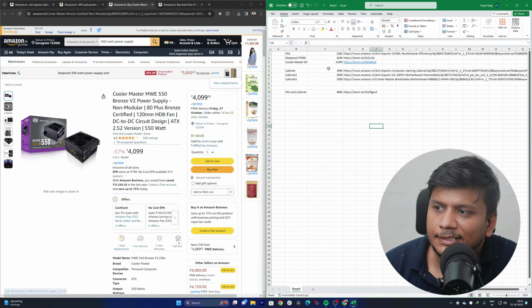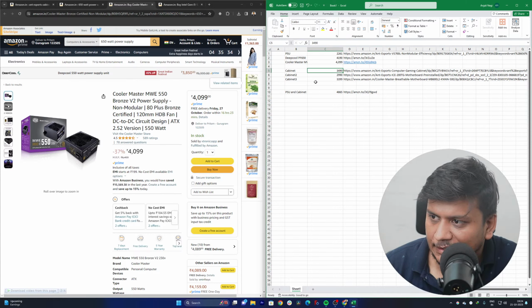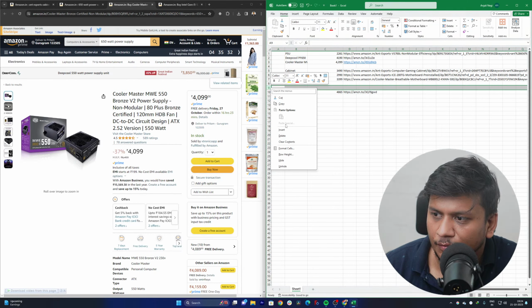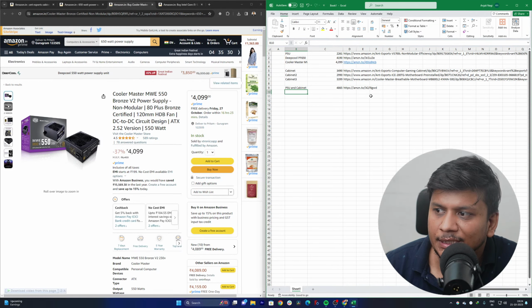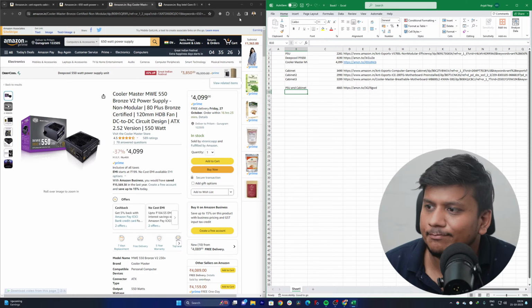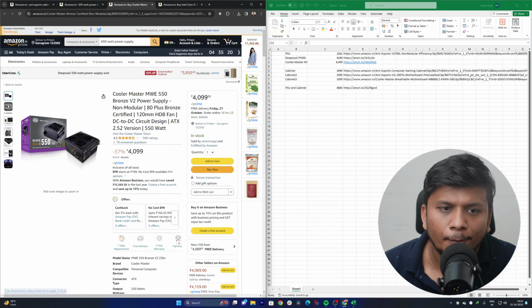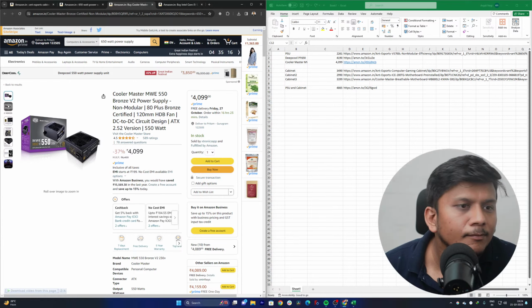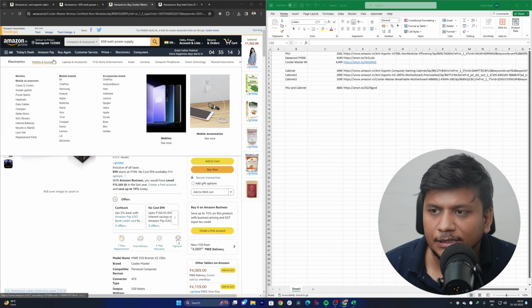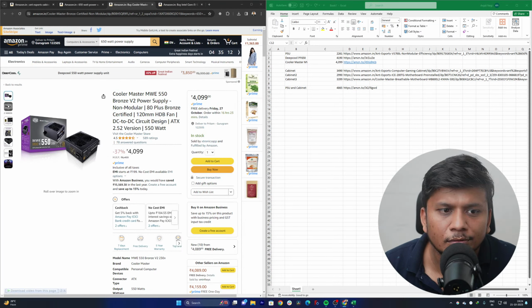So the first three are power supplies, then these three are cabinets, and if you want to go with a PSU and cabinet, you can go with it. Although we have multiple, it's fine. You can go with others as well. As I said before, these things matter, but not that much. Obviously, we need to define the power rating.